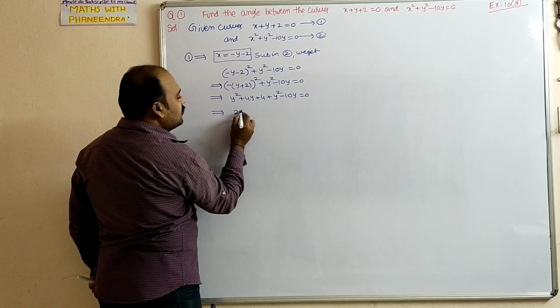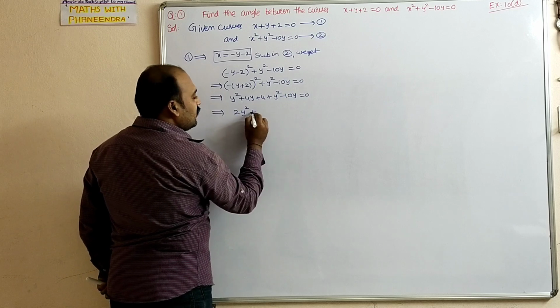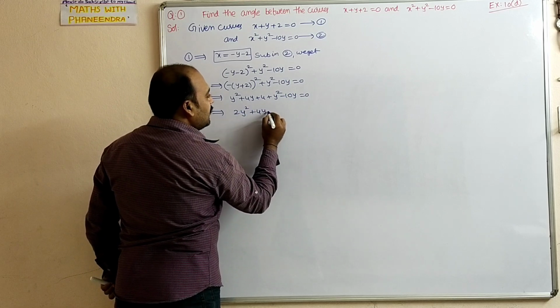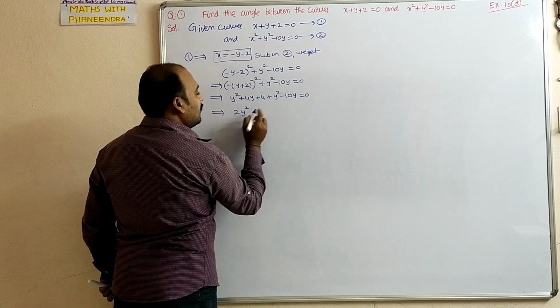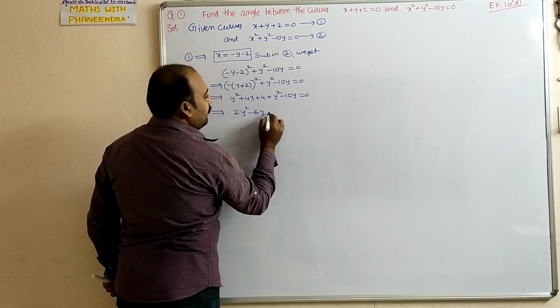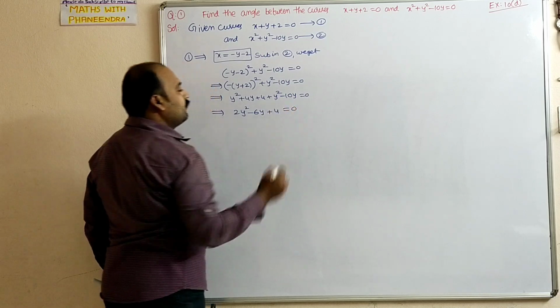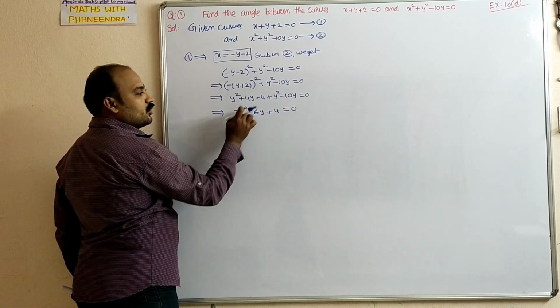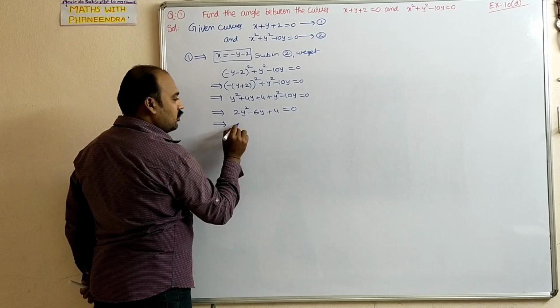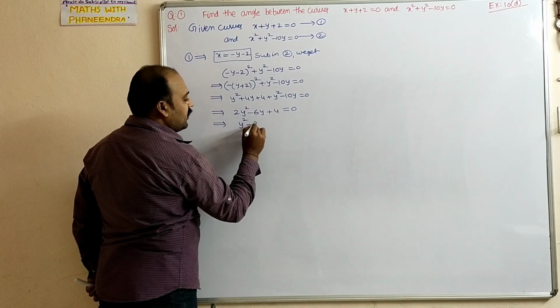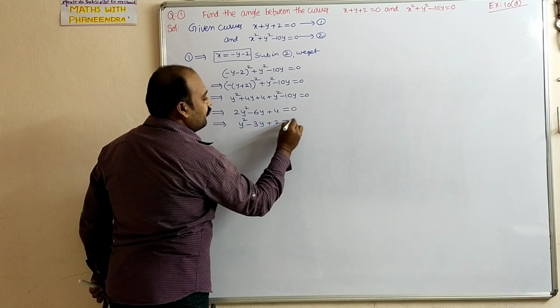That implies y square plus y square, 2y square, plus 4y minus 10y, minus 6y, plus 4 equal to 0. All are multiples of 2, so dividing by 2, y square minus 3y plus 2 equal to 0.